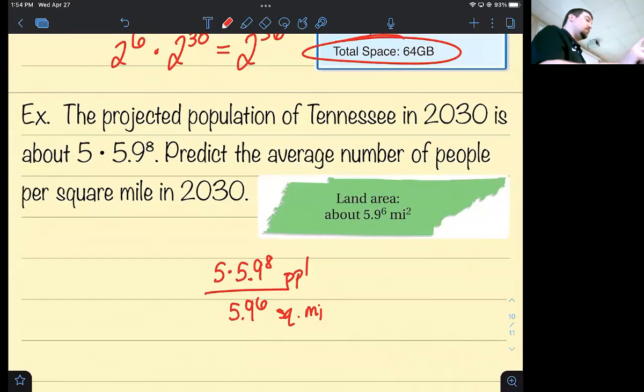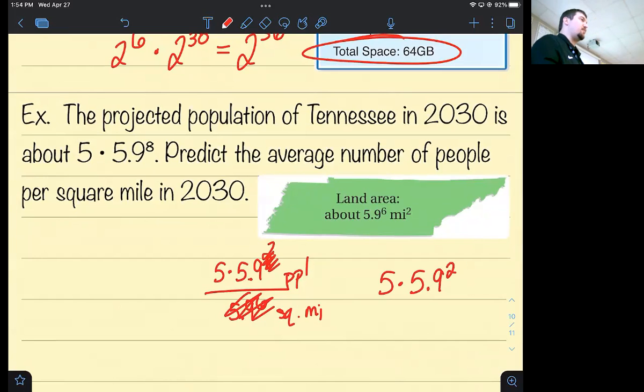I can cancel the 5.9 to the 8th with the 5.9 to the 6th, leaving me 5.9 to the 2nd power. So these 6 are going to cancel with 6 of those. So now I've just got 5 times 5.9 to the 2nd.